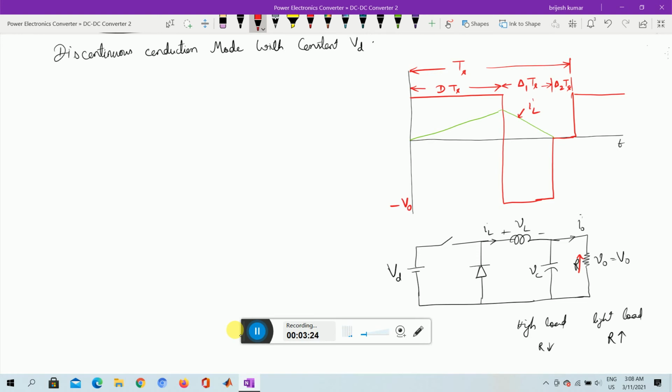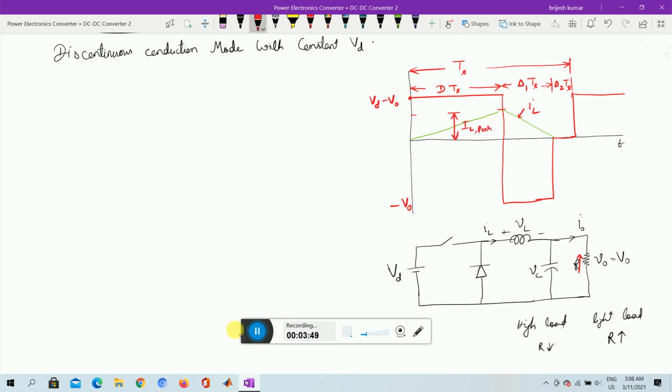Here at this particular point we have VD minus V0, and this current is rising up to this maximum value. We can say this is del IL also, because that is the total ripple, and also this is the IL peak value.